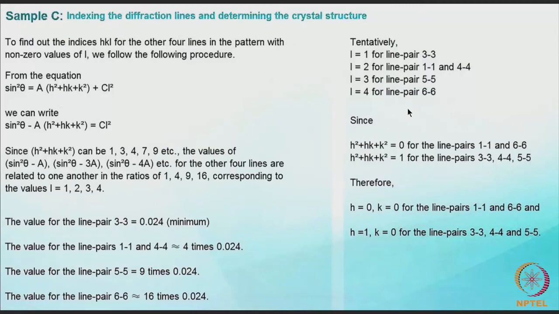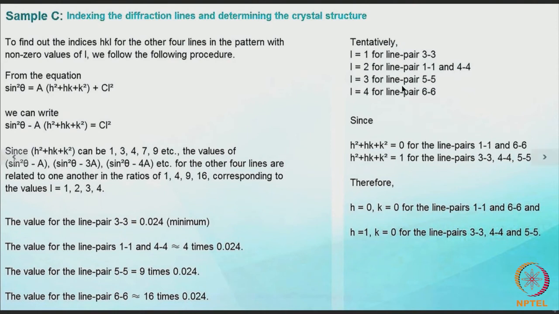Now, what about the indices HKL of the other 4 lines in the pattern which do not have 0 L value? Then we follow the following procedure.